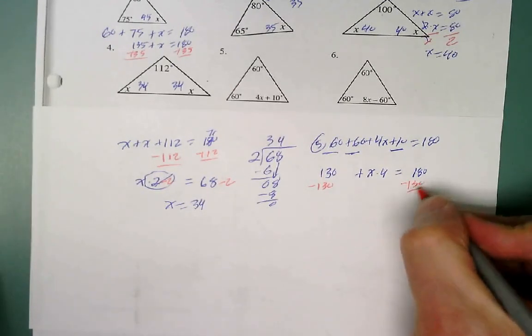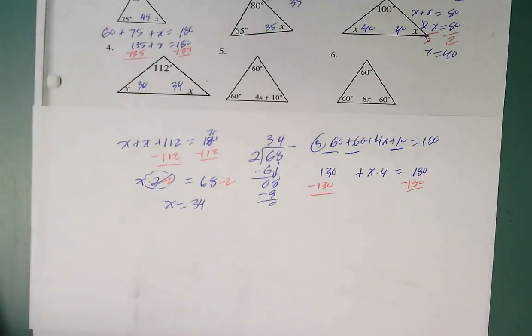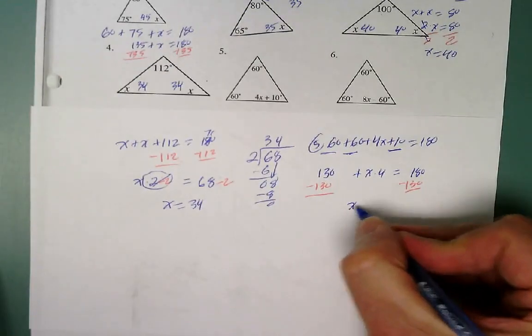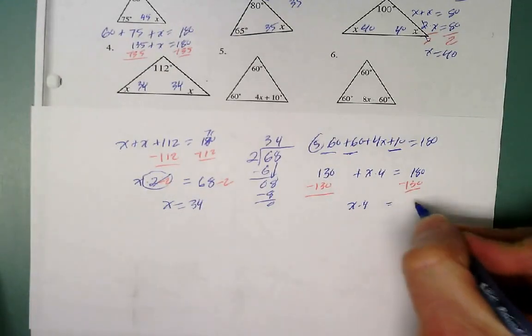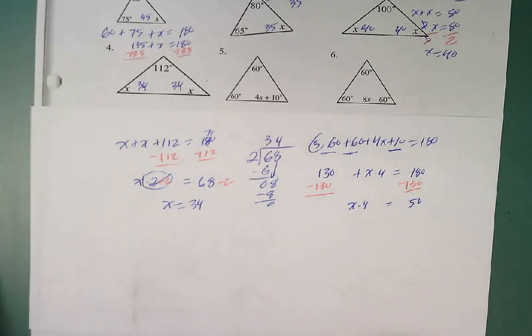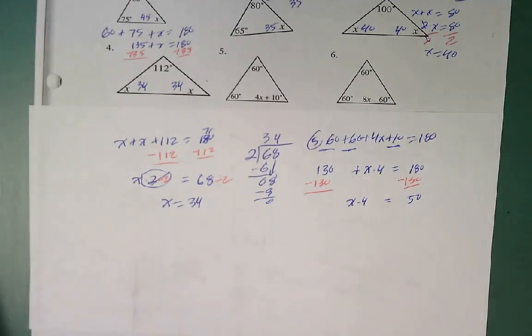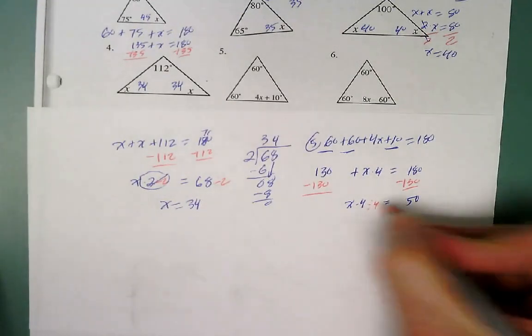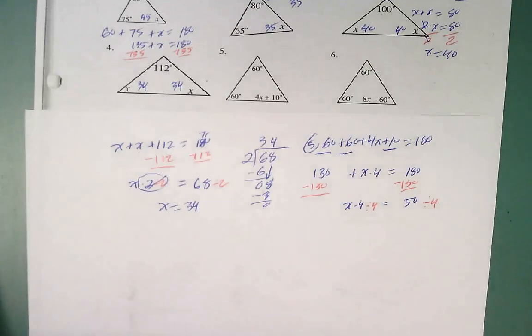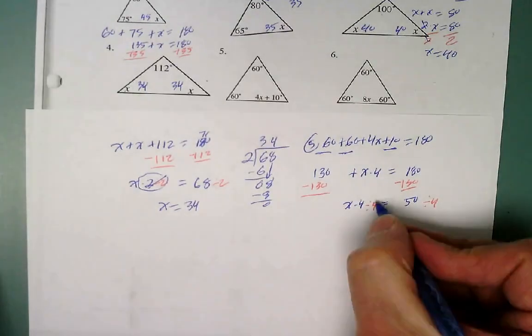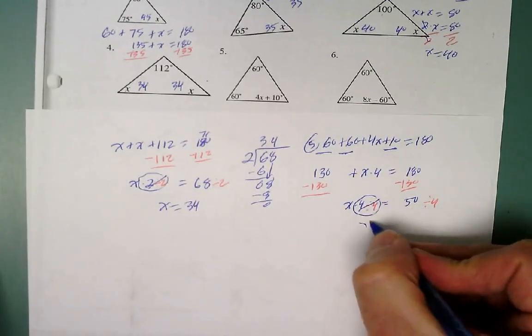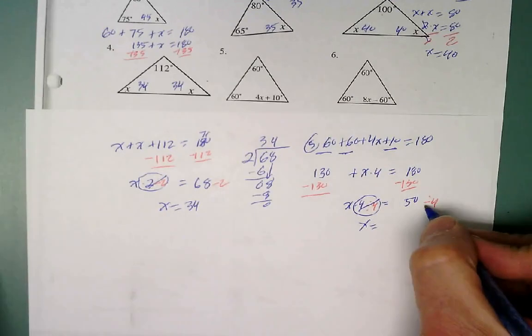And now my problem becomes x times 4 equals 50. How do I get rid of that times 4? Divide by 4. That times 4 divided by 4, they cancel each other out. All that's left is x on this side, and I just have to figure out what's 50 divided by 4.